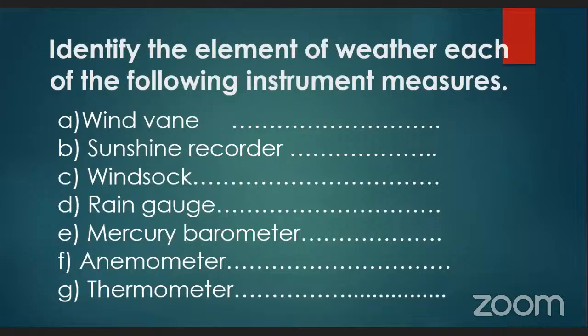Let me see if people are following. We are now on number D. Who can read for us D? Yes, Jacqueline. Very good. So now we are on a rain gauge. Who can tell me how the rain gauge works?